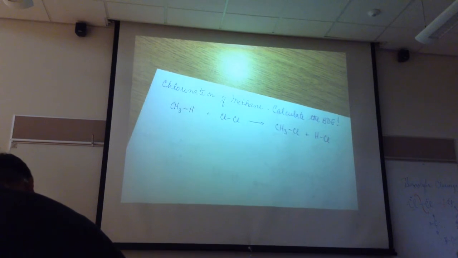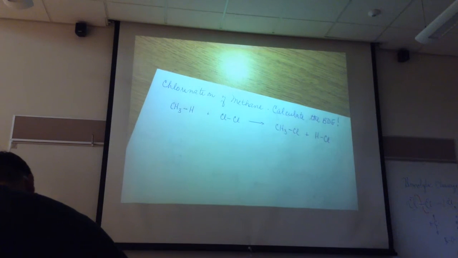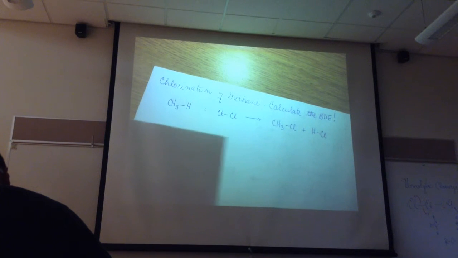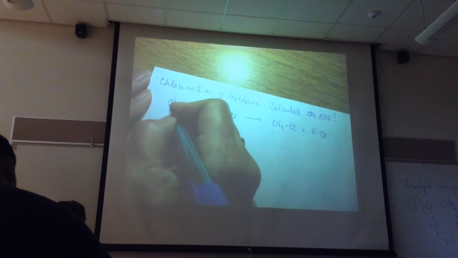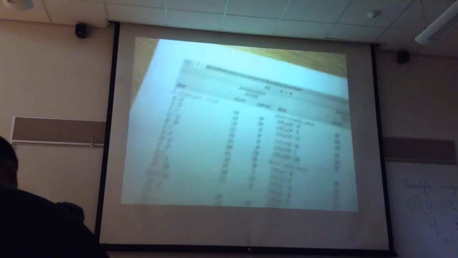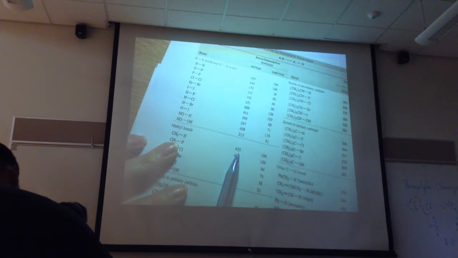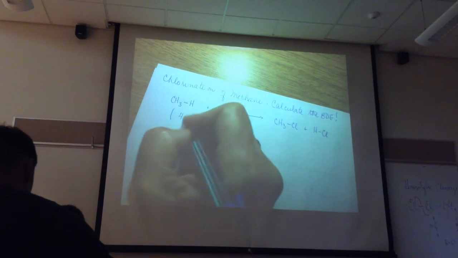We don't need to put light on there. And there is this table that is given to you. And with this beautiful table, all I'm gonna do is this. In parentheses, to break a methyl-hydrogen bond in kilojoules, 435. So I write my 435.